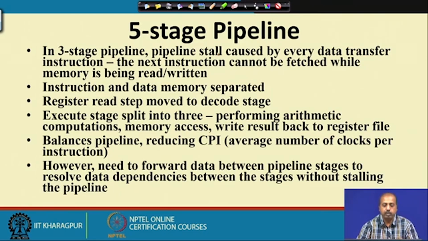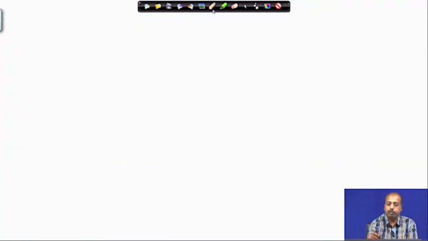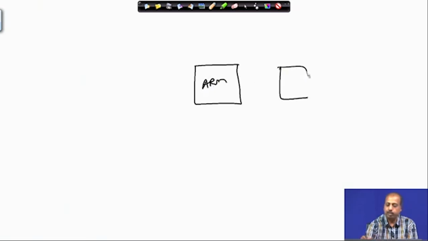This problem is solved by going to the Harvard architecture, in which the program memory and the data memory are separate. So, instruction memory and data memory are separated. We have got separate address bus and data bus for the 2 types of memories. Previously the structure was like this: if this was the processor, the ARM processor, and we have got this as the memory, with this address bus, data bus, control bus, like that.